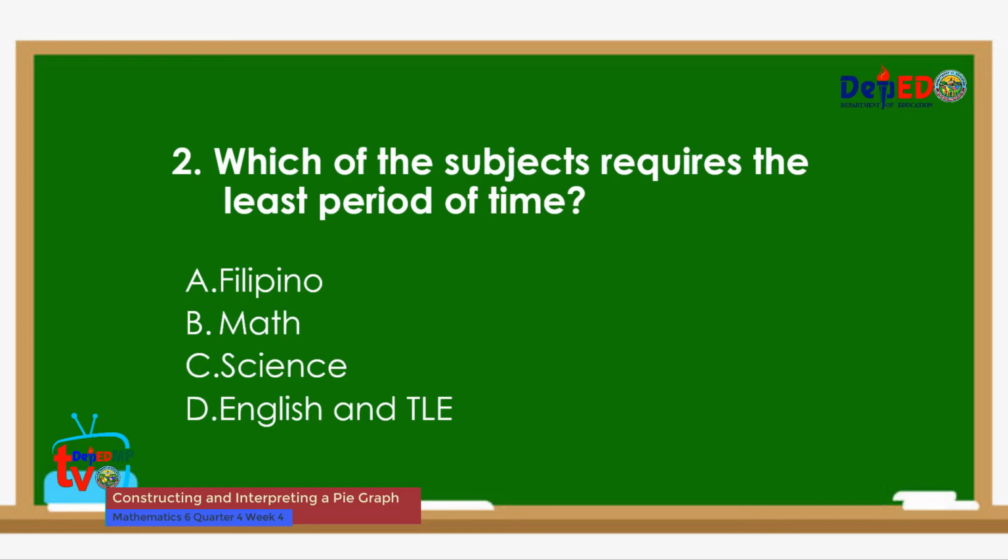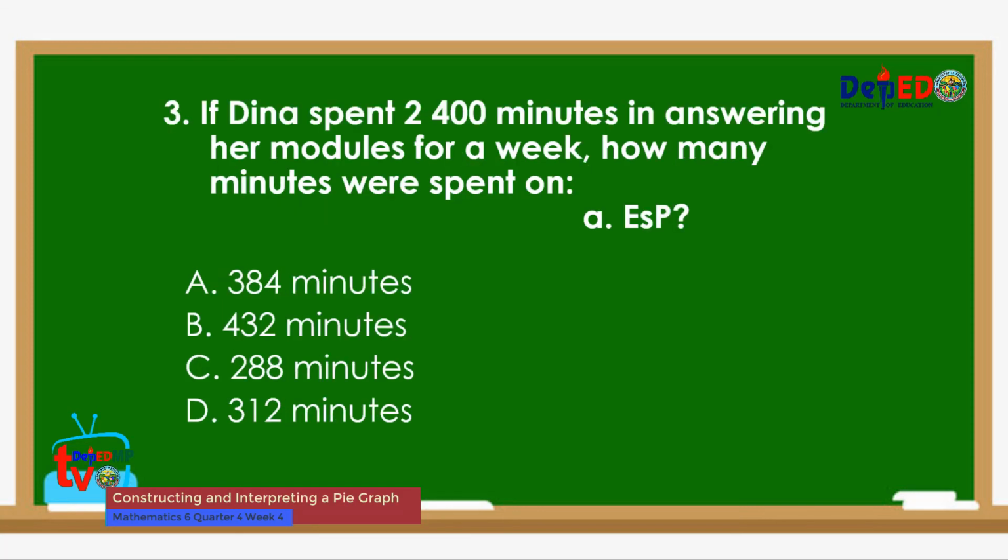Number 3 question. If Dina spent 2,400 minutes in answering her modules for a week, how many minutes were spent on A. ESP? Letter A. 384 minutes. Letter B. 432 minutes. Letter C. 288 minutes. Letter D. 312 minutes.